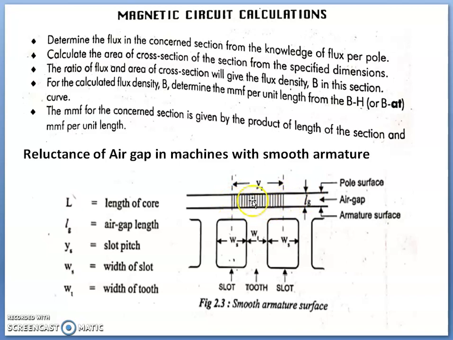So we need to calculate how much MMF is required to establish a certain amount of air gap flux in an electrical machine. To calculate the flux, we have to calculate the reluctance of the air gap in a rotating machine.